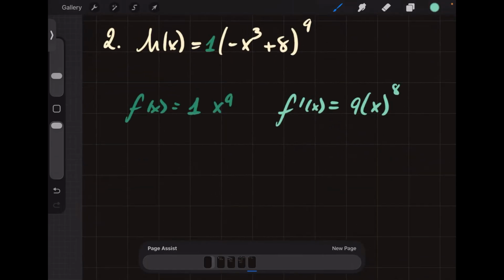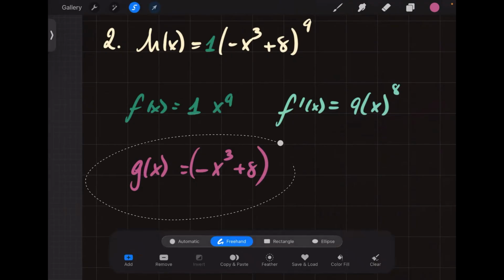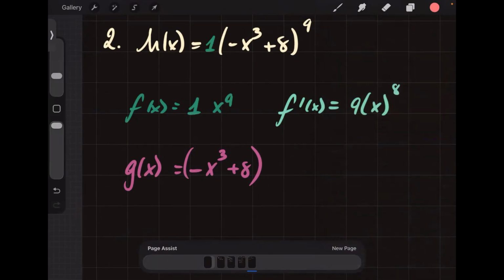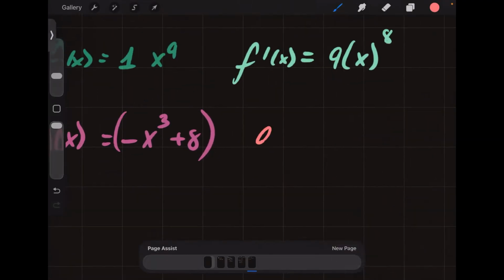And then we have g of x is equal to negative x cubed plus 8. Put that in parentheses so you don't lose anything. Again, you don't have to, but when you start composing, you will. That means g prime of x, it's just the power rule, is negative 3x.